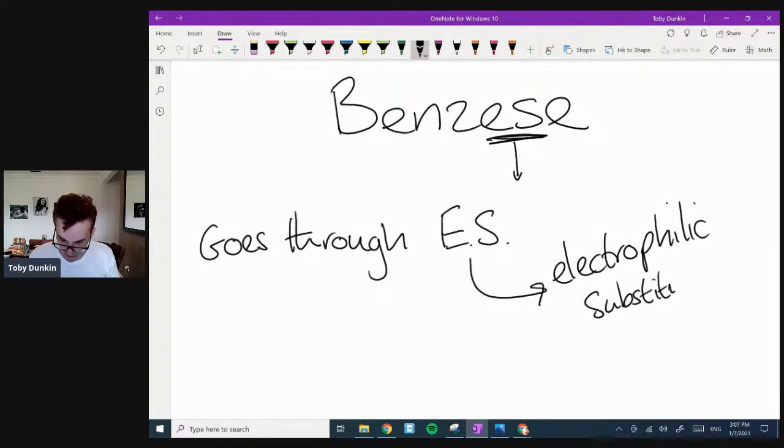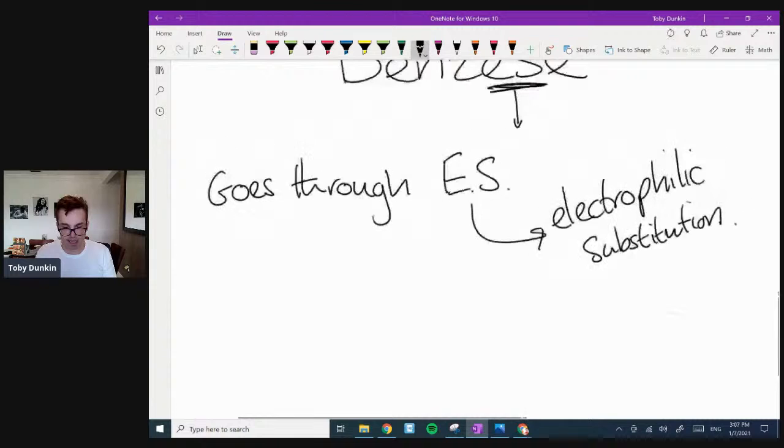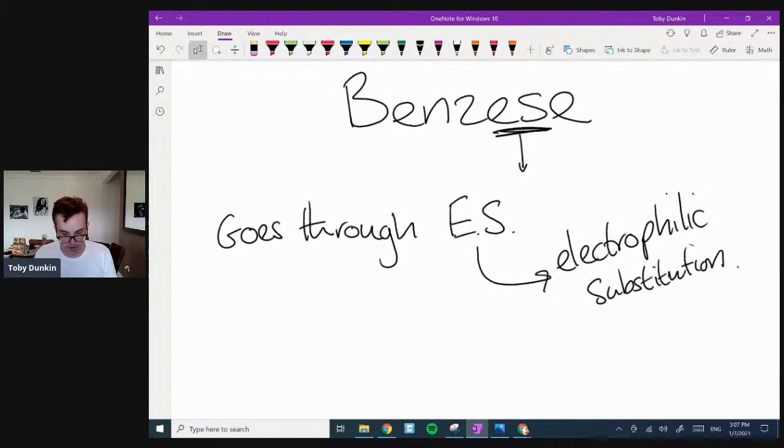It does not do addition reactions. It wants to keep its delocalized electron system, so what it will do is a substitution instead.